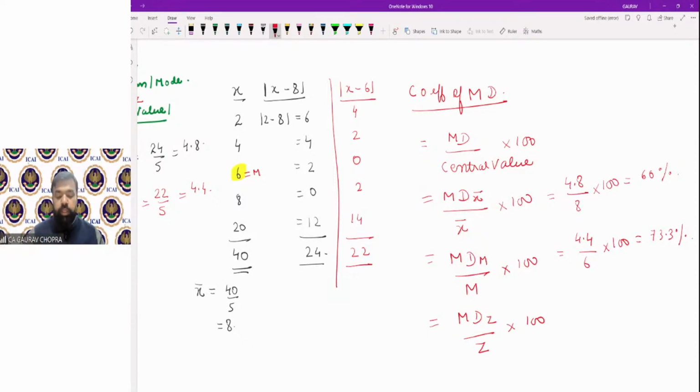This is your coefficient of mean deviation from median. Understood, everyone? All right.